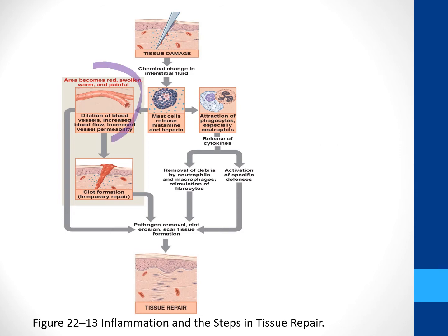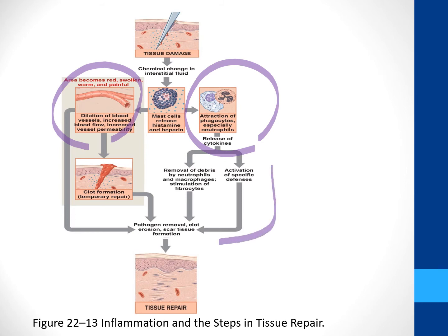In the blood vessels, they're going to dilate blood vessels, increase blood flow, and increase the permeability of those vessels, which is going to bring more blood to the area, more phagocytes to the area. The histamine and heparin are also going to attract phagocytes. They can also release cytokines, which can activate some specific defenses, and the phagocytes are going to remove debris.